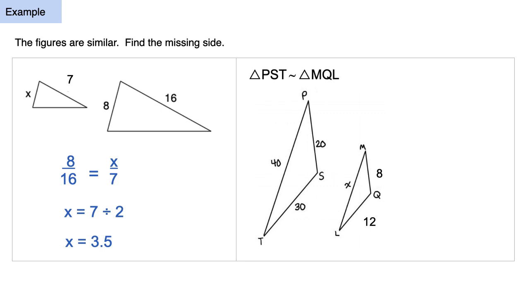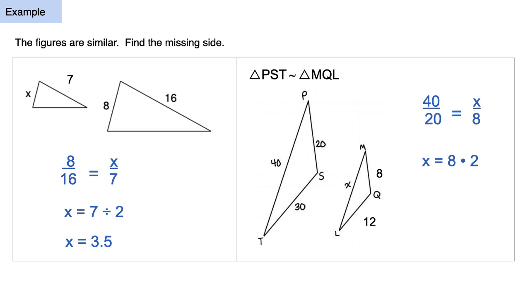So I can write a proportion that says 40 over 20 in the big triangle is equal to x over 8 in the little triangle. And now this is not something that I need a calculator to solve. I could use a calculator, but I can just spot the relationship: the numerator is twice the denominator. 40 is twice 20, and so x would have to be 8 times 2.